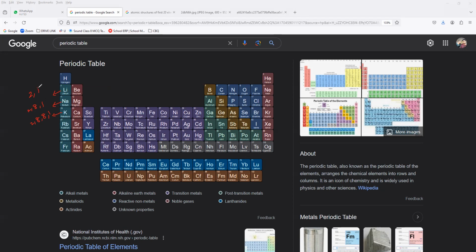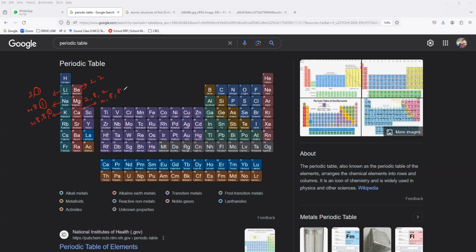Have you noticed that everywhere the valency is 1? That is the electronic configuration. Suppose you take beryllium: 2, 2. Magnesium, 12, is 2, 8, 2. Calcium means what?